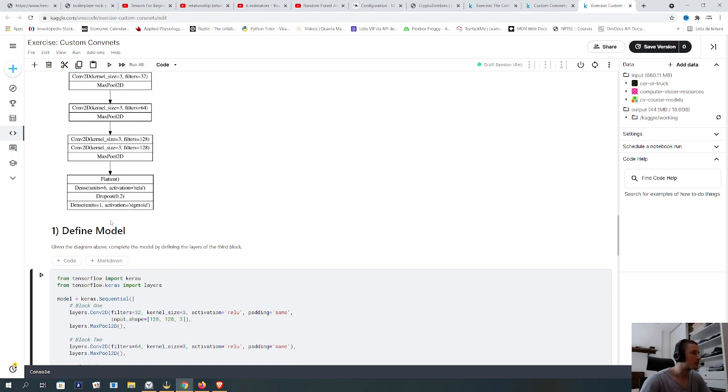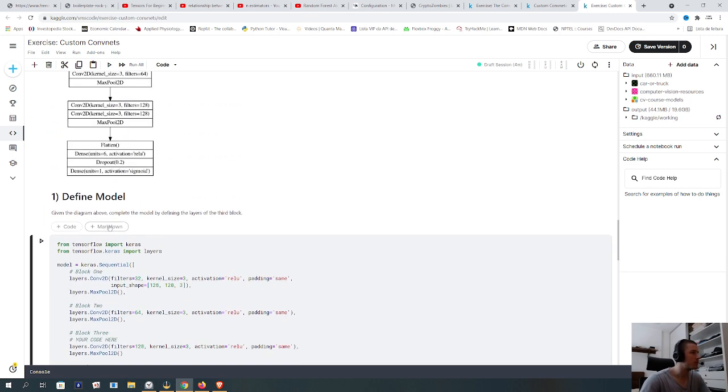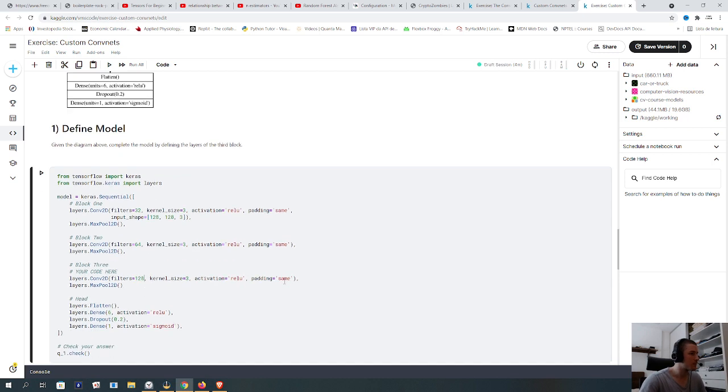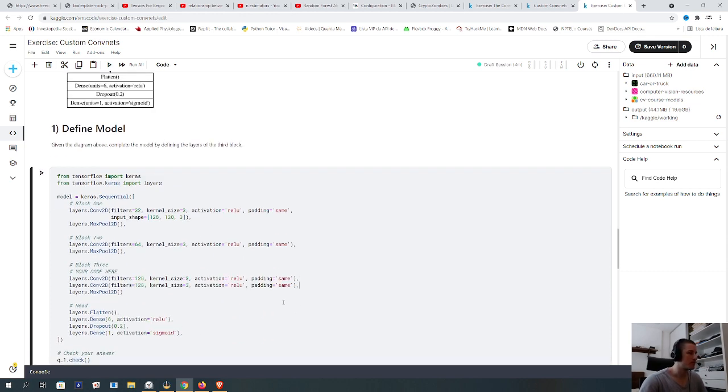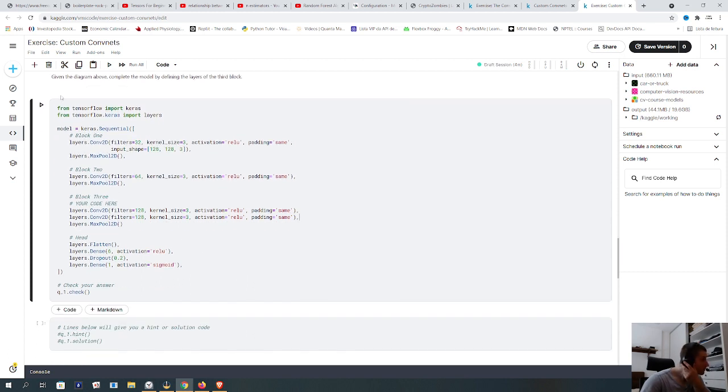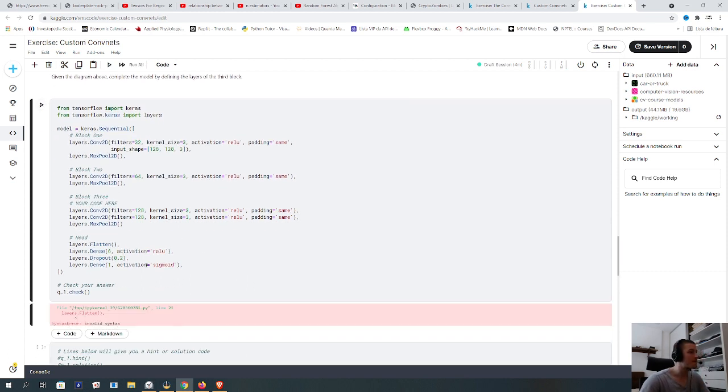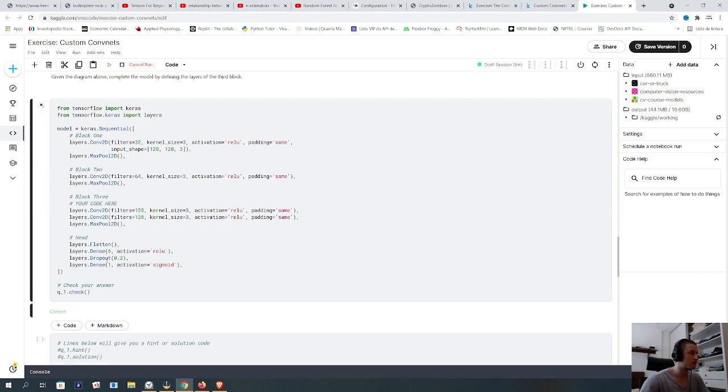And then it has an extra layer. And I guess it's before the max pooling. So maybe it's after. Oh, before. So I did something wrong here. I think, yeah, I forgot the comma.